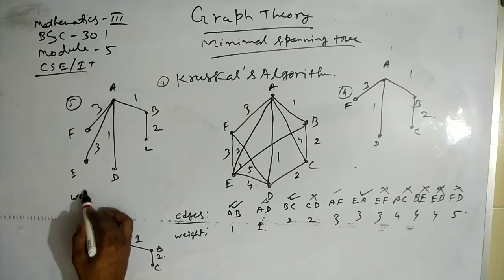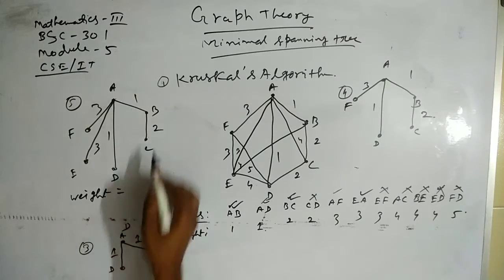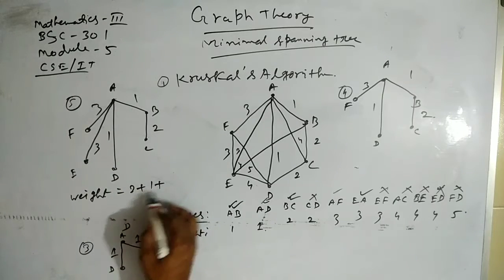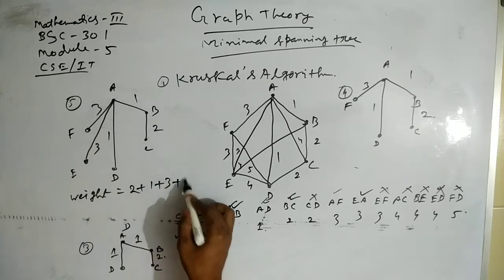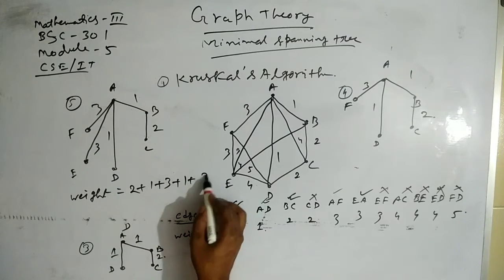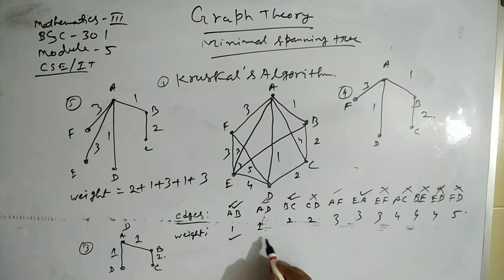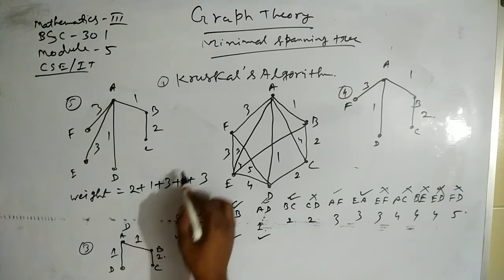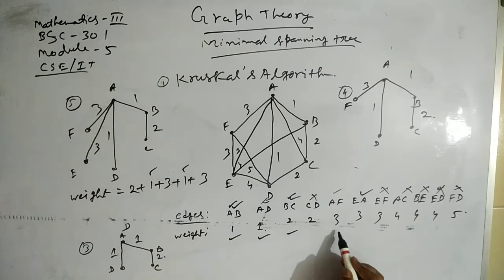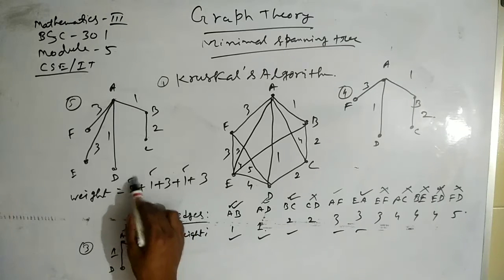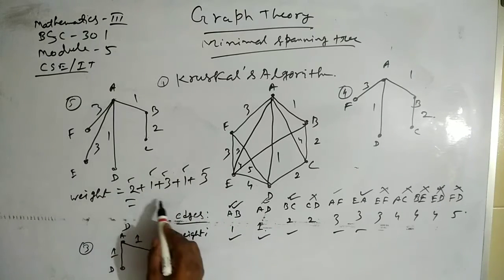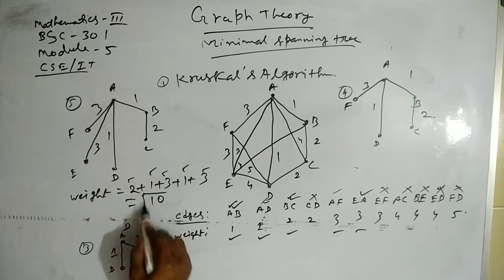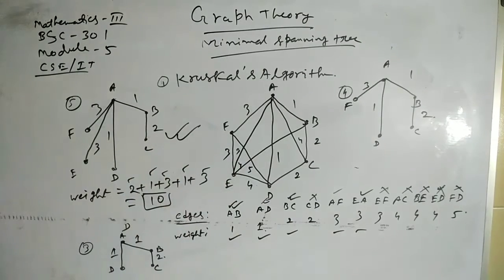So weight equals 2 plus 1 plus 3 plus 1 plus 3. That is, the weights are 1, 1, 1, 2, 3, 3. So the sum is 3 plus 3 is 6, plus 2 is 8, plus 2 is 10. So this is our required spanning tree, and the weight of the spanning tree is 10.